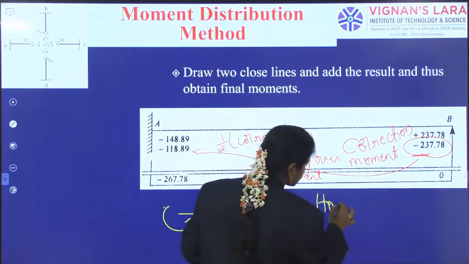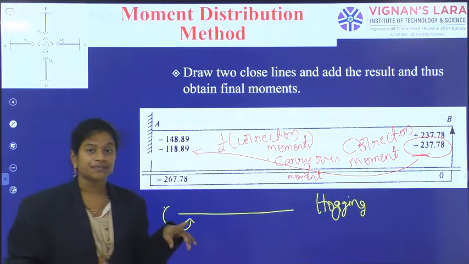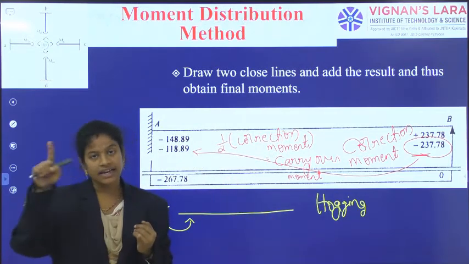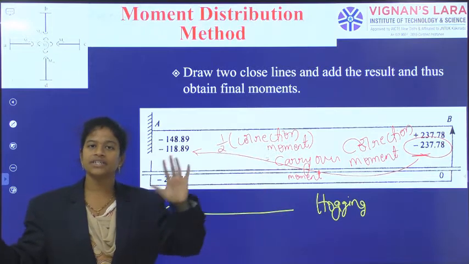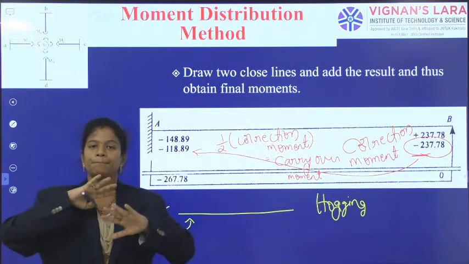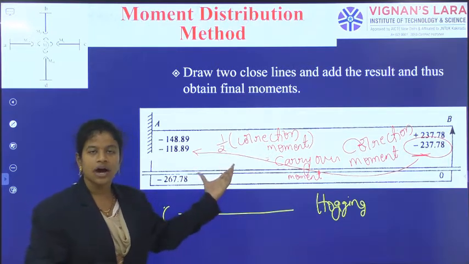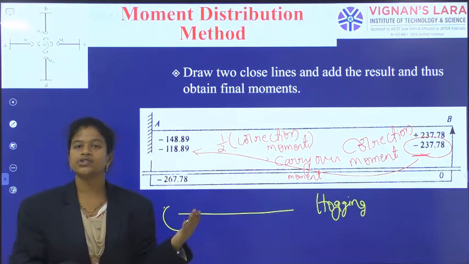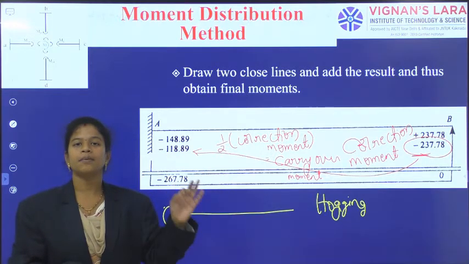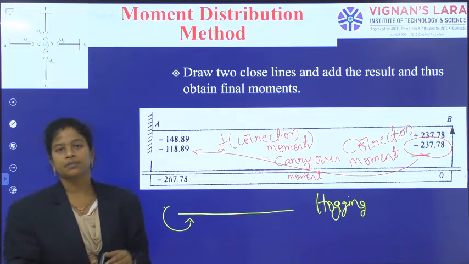And for this hogging moment, for the actual picture, using the support moments line and using the free BMD, we will get the actual bending moment diagram. After getting the support moments answer, the next thing we should have to generate is the bending moment diagram. In that bending moment diagram, there is an involvement of the free bending moment diagram.